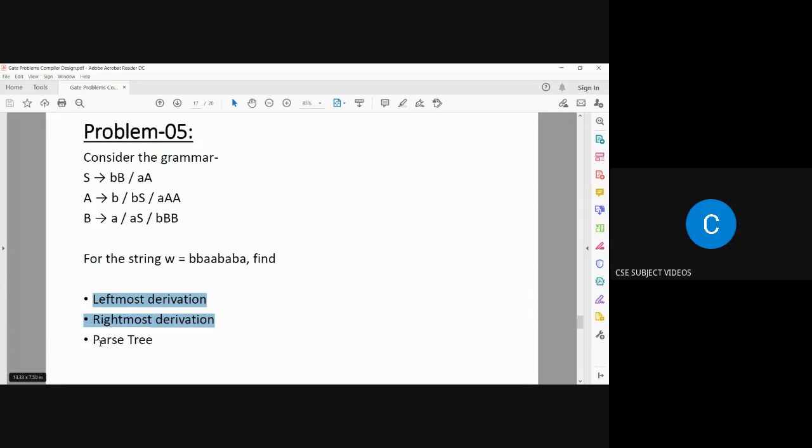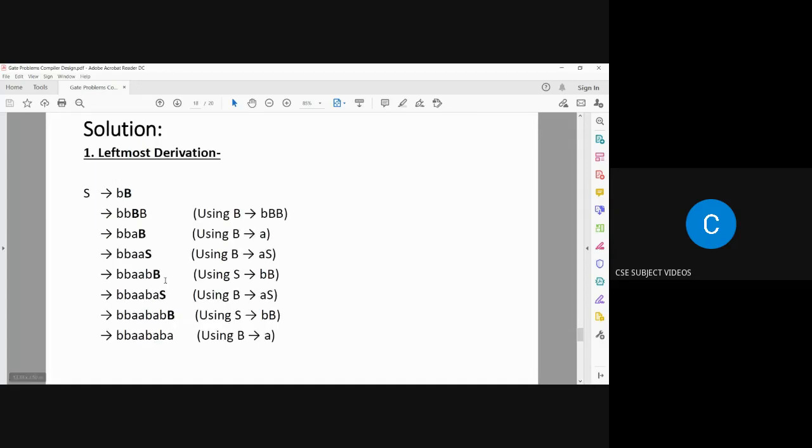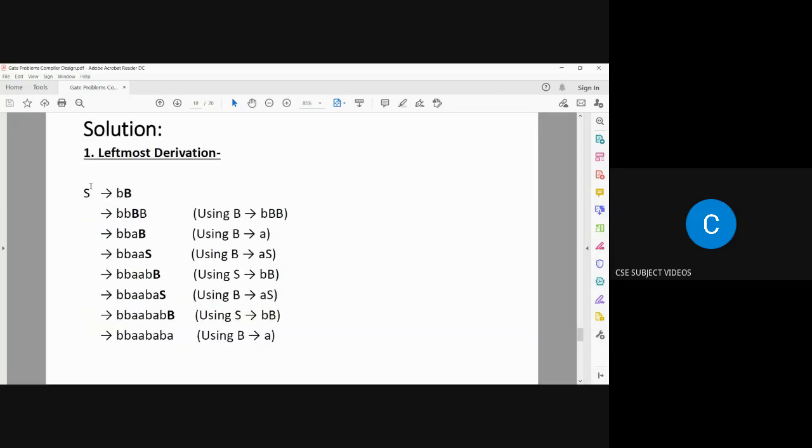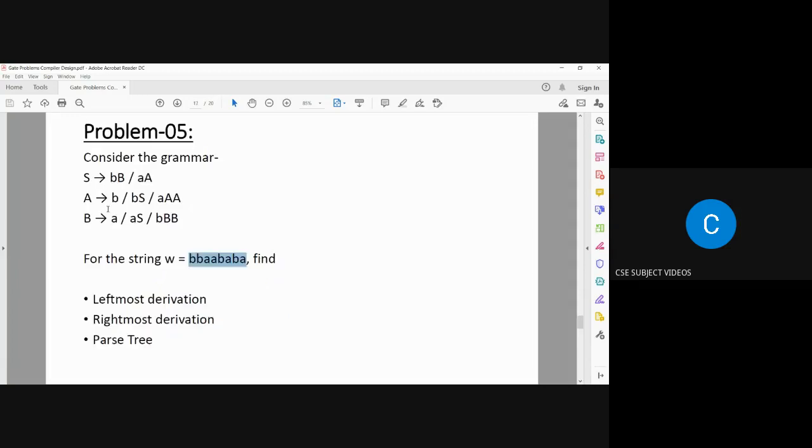Okay. Consider this. With these productions, we have to derive this input string. Our production S derives BB, leftmost derivation.